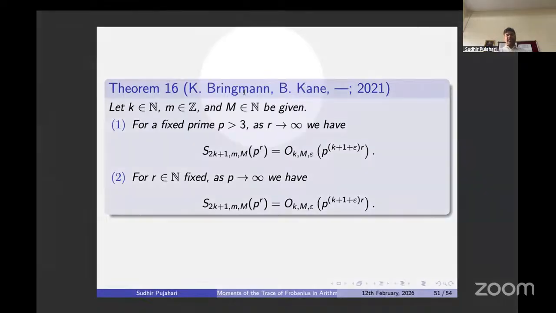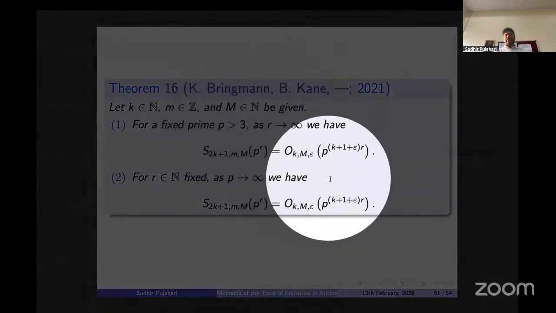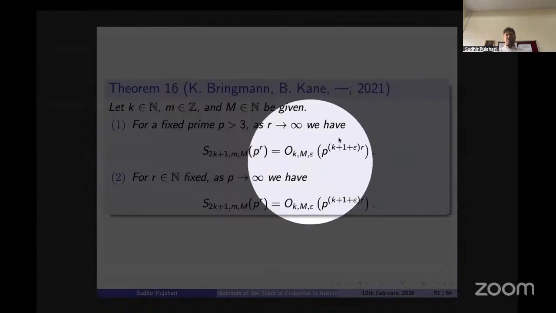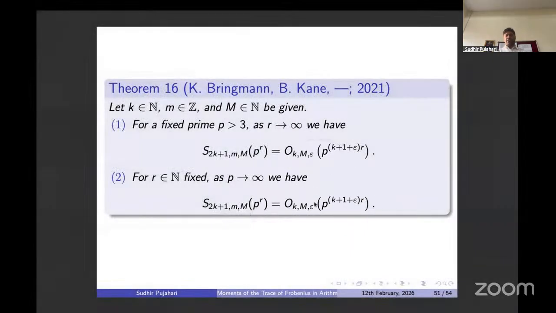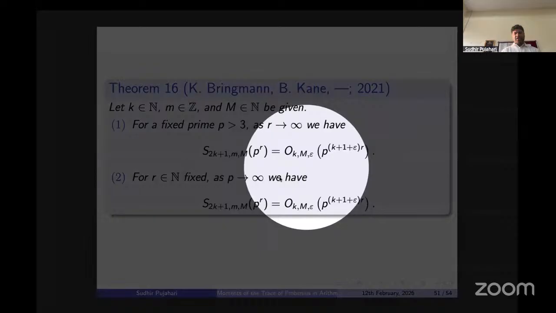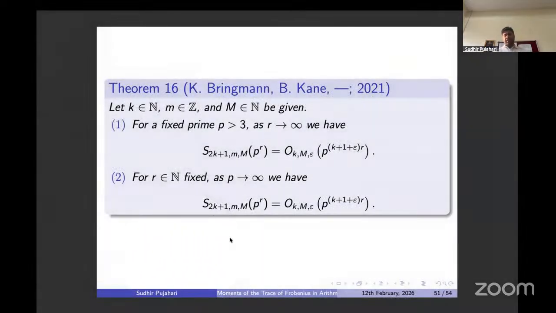As I said, there are very interesting things we can say about this error term or the rate of convergence, but for today's talk, we strictly focus on the main term. So whether you vary R or you vary P, or you have a hybrid statement where P plus R goes to infinity, the main term of the odd moment of the trace of Frobenius is 0.